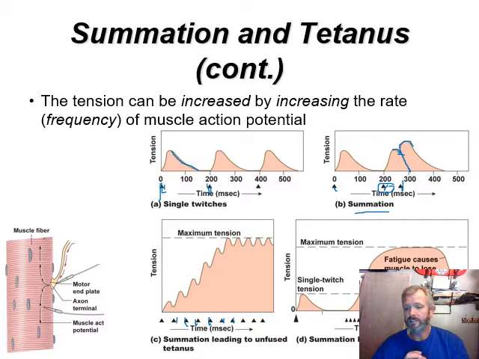Remember, more calcium, more revealing of actin, more cross-bridging, and that cross-bridging and that power between myosin and actin allows me to increase the force. And so as you see the stimulation going up, you see the amount of tension, the force that I can produce, is going up. And as I increase it, you'll see at one point there will be a plateauing.